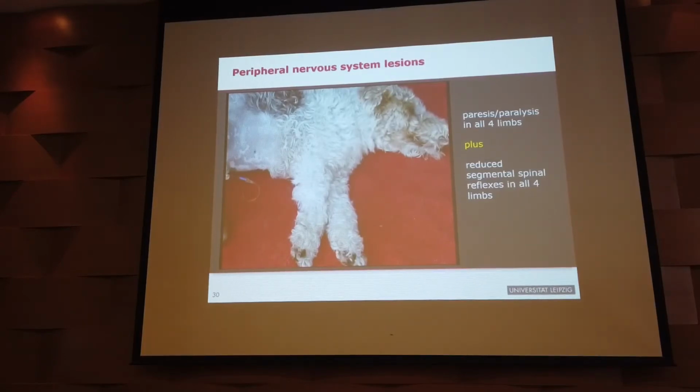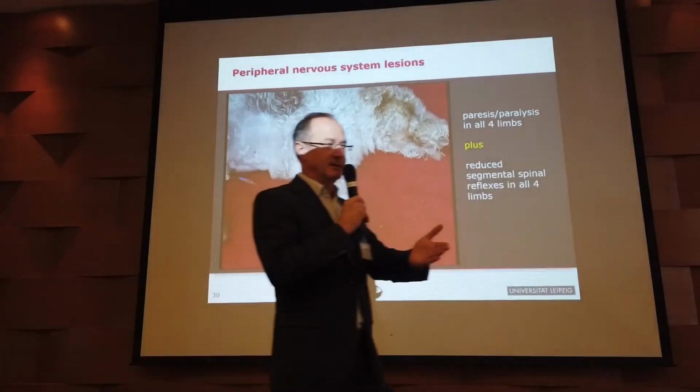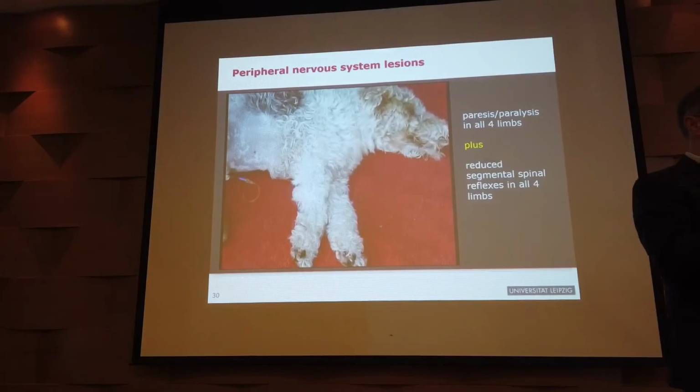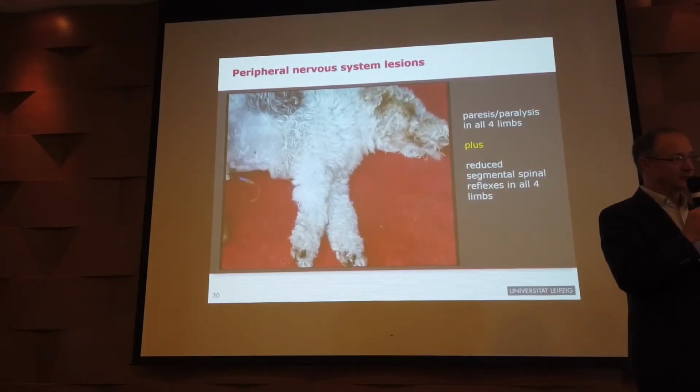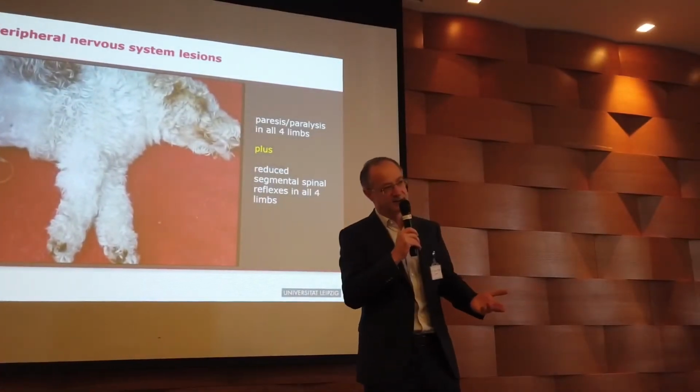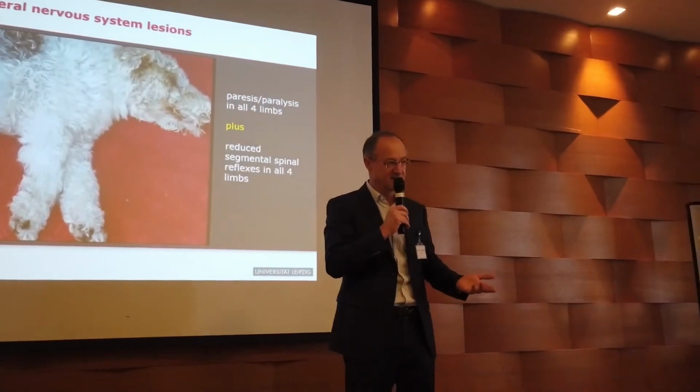Because wherever you send it to, neurologists can do electrodiagnostics to confirm that there's a disease of the peripheral nervous system. And in polyradiculoneuritis, sometimes we go the next step and we remove a nerve root, which is a quite invasive surgery, just to get the diagnosis of polyradiculoneuritis, which we already saw could be the case before.